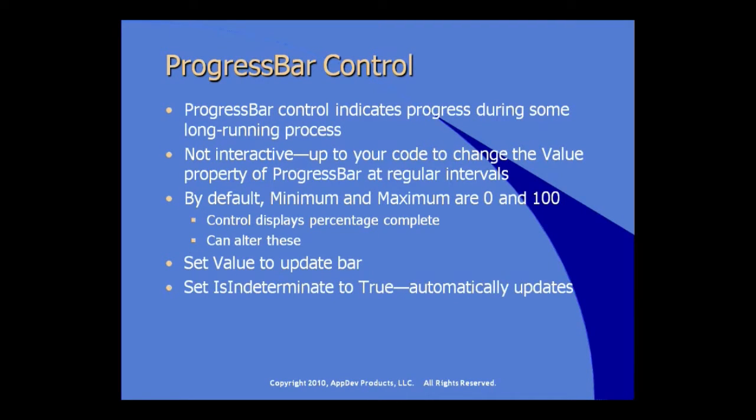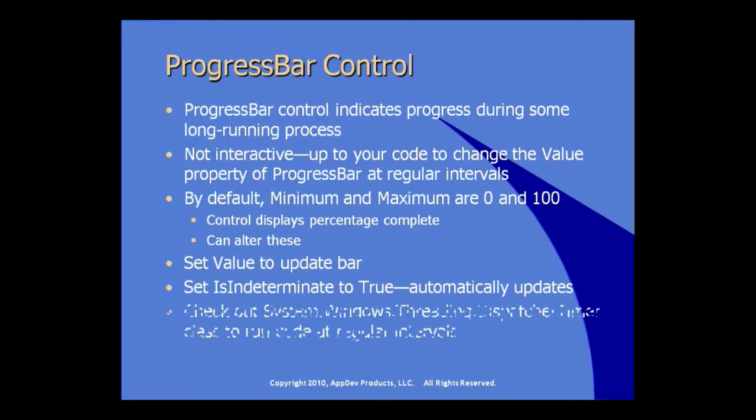And if you don't know how long your process is going to take or how much of the process has been completed, you can set the is indeterminate property to true, and the control automatically updates itself, just repeating itself in a cycle until you set that property to false.